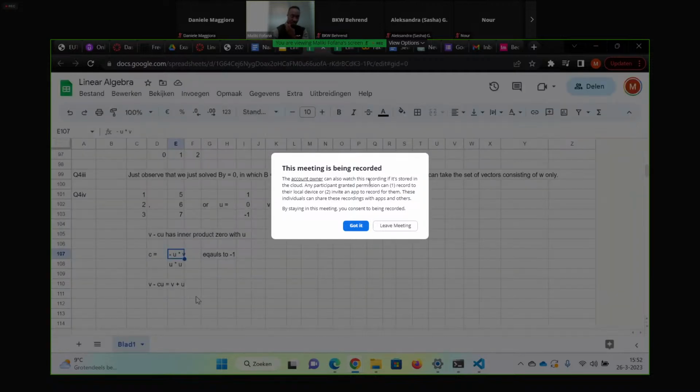Okay. So from which we can say, we have the following. If we combine this equation, we can add these two together, because I said we have this inner product of being 0.